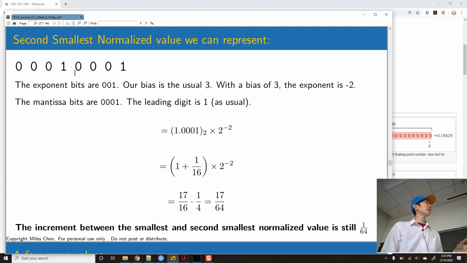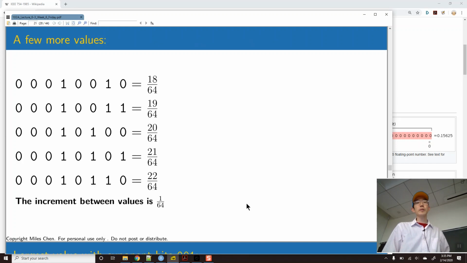For the next smallest value, I would add 1 here, and this would become 1.0001. Our bias is still 3, my exponent is still negative 2. I have 1 plus 1/16, or 17/16, times 1/4, which becomes 17/64. If I keep doing this, we're just counting: 18/64, 19/64, 20/64, 21, 22/64.